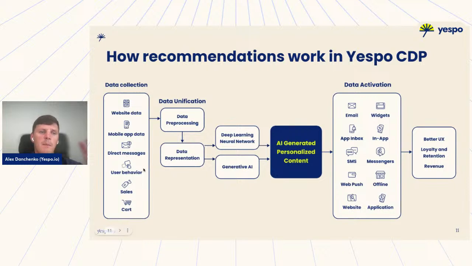Of course, it could be user behavior from outside the platforms I mentioned. Maybe you have an offline store and you have purchases in the offline store, or you store this data in some data warehouse. Anyway, sales, shopping behavior, and any other type of behavior that is relevant for your business could be collected additionally.